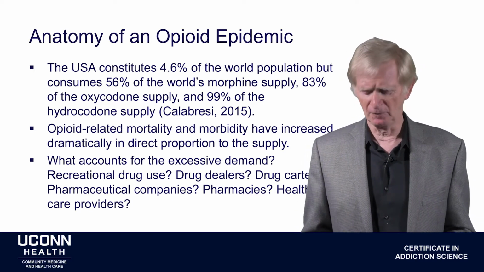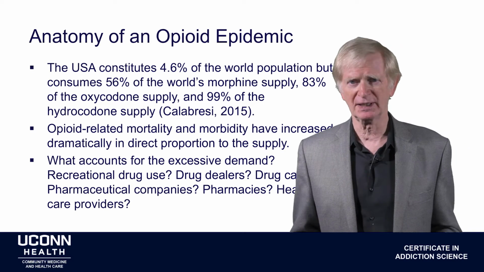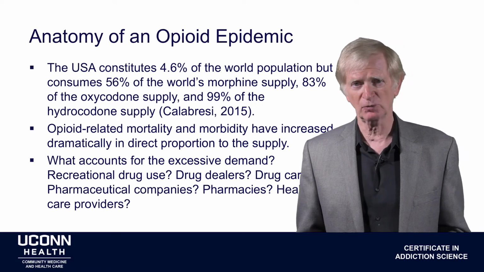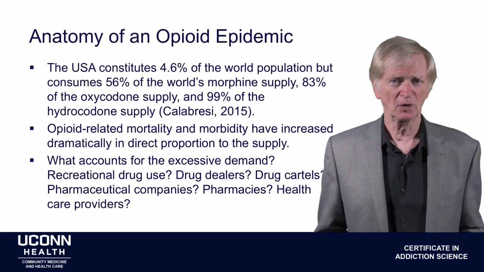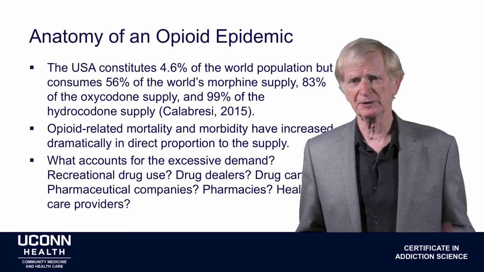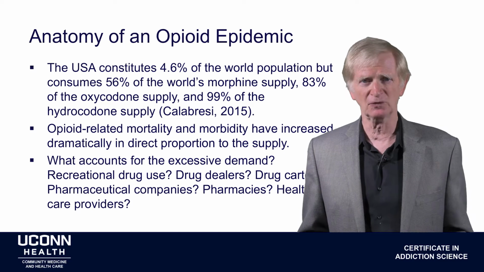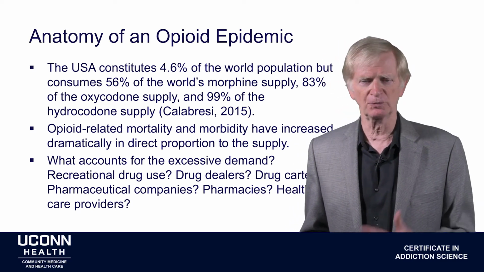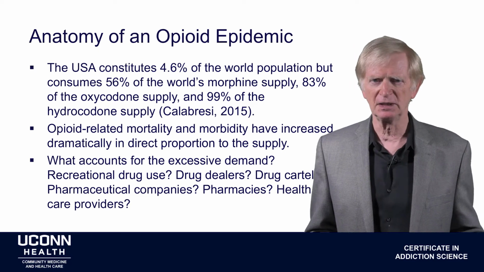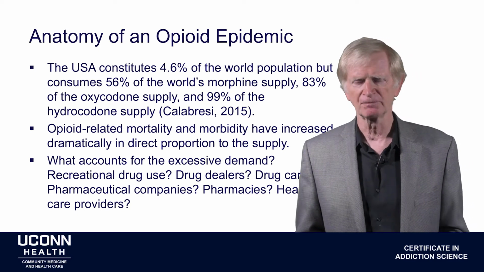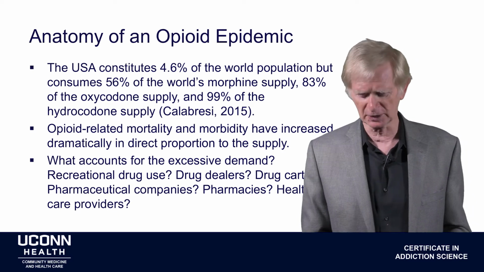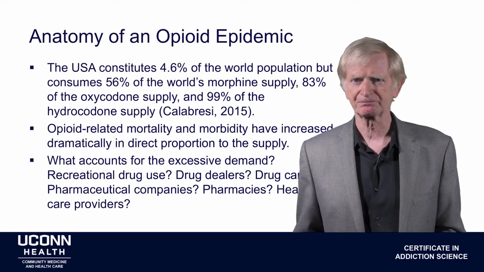And that may help to account for the high rates of overdose deaths that we're experiencing, not only for prescription drugs, but as people transition back and forth between the legal market for prescription medications and the illegal market for opioids, we get a confluence of both the illicit market and the licit market.